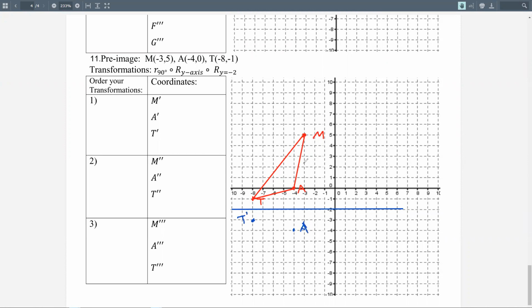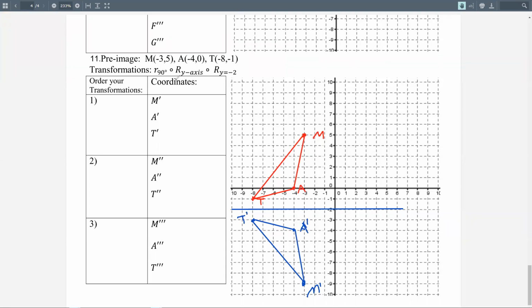Okay, and then M is 7 above, so we'll go 7 below. That's M prime, A prime, T prime. We use the line tool here. There's our reflection across the line y equals -2, and we can write our coordinates in.